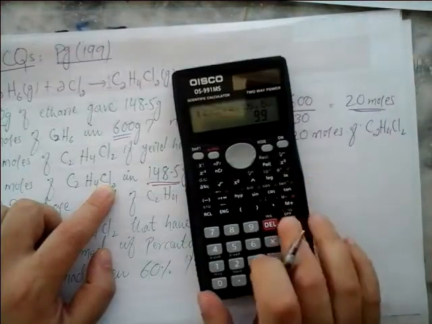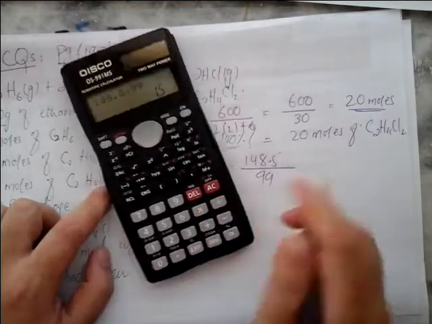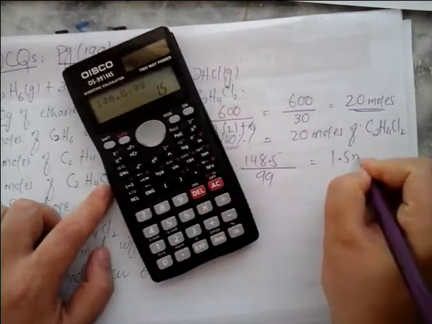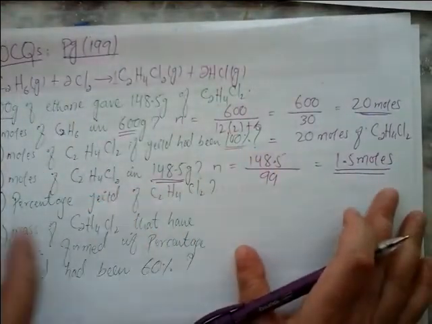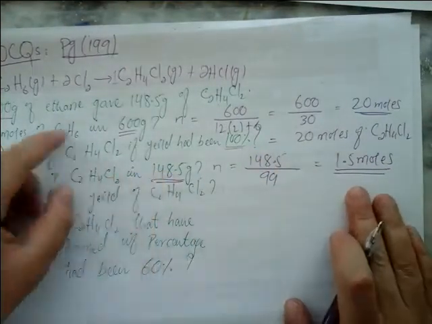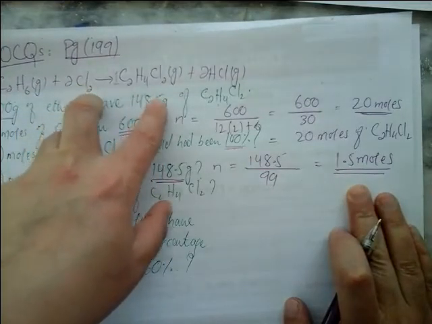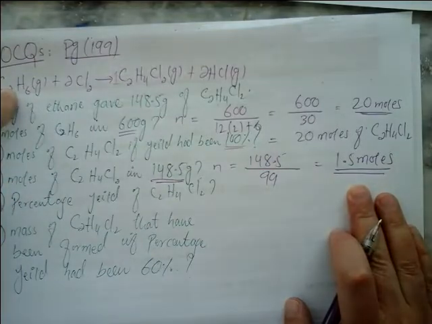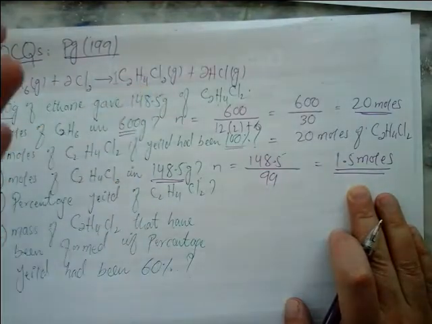So 148.5 divided by 99 comes out to be 1.5 moles. So 600 gram of ethane gives out 148.5 gram, which means 20 moles of ethane gives out 1.5 moles of chloroethane practically.